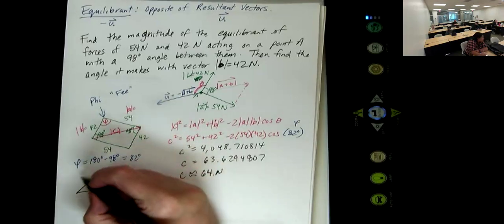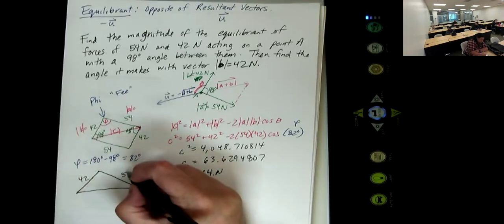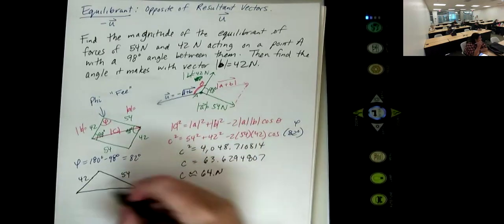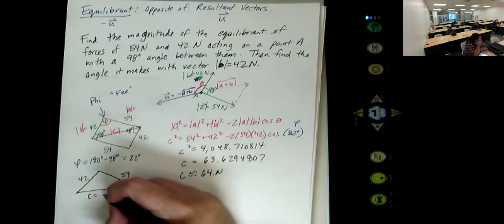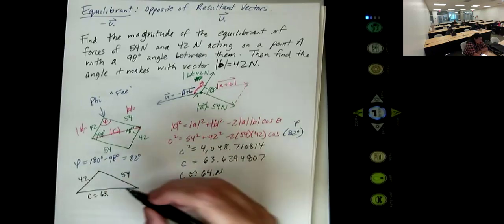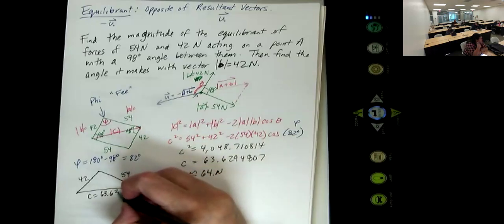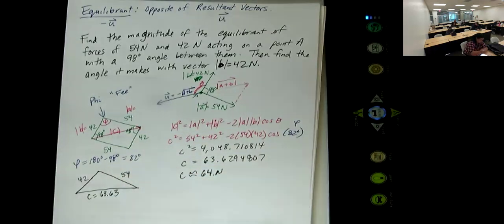Now I'm gonna redraw this where I've got a little bit more information. I'm gonna use the value of C, let's do 63.63, since I'm gonna use it to calculate my other stuff.